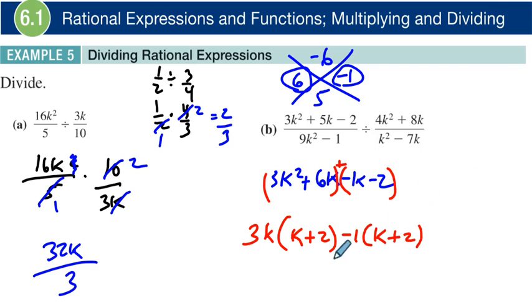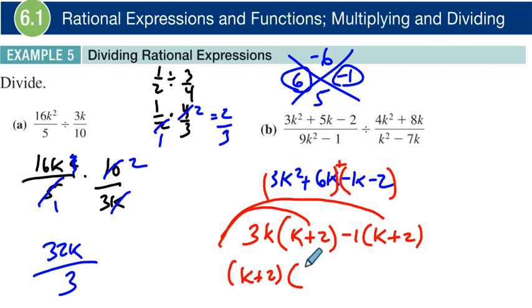And this should always happen where whatever you have in both of these parentheses should always be exactly the same. And so we're going to go ahead and factor the k plus 2 out now. If I factor that out, I get k plus 2. And what do I have left? My 3k and my -1. 3k minus 1. Okay? So that just replaced this right here.